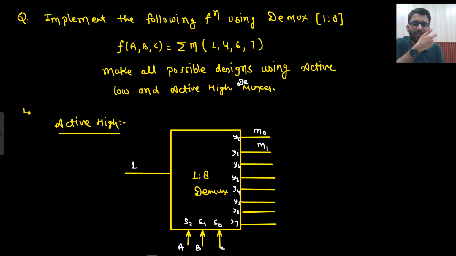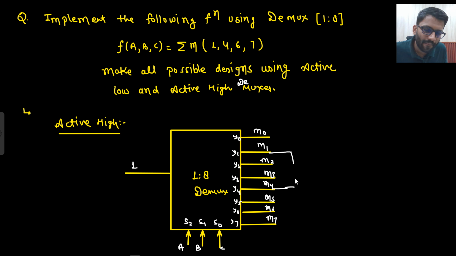So my outputs will be M0, M1, M2, M3, M4, M5, M6, M7. And what do I need? Summation of M1 plus M4 plus M6 plus M7.